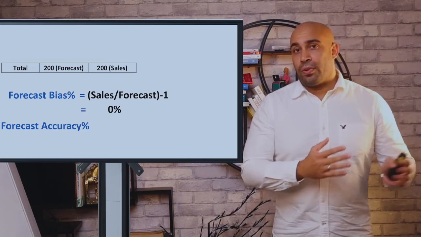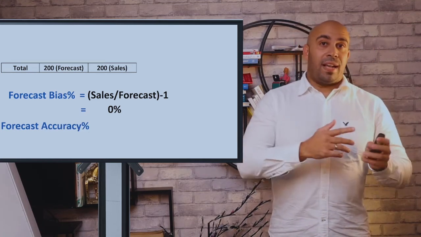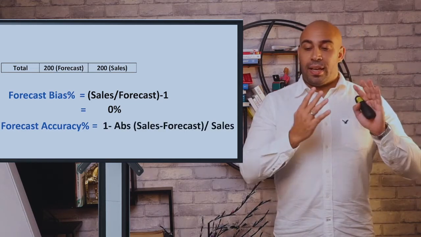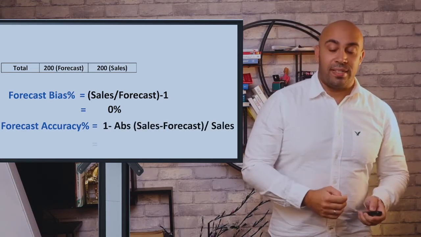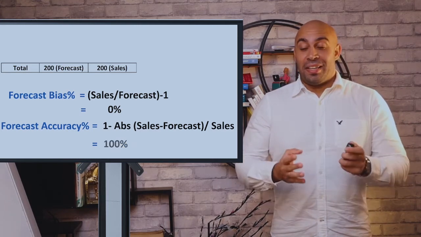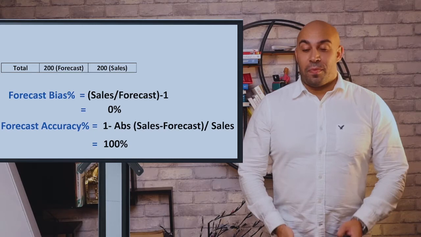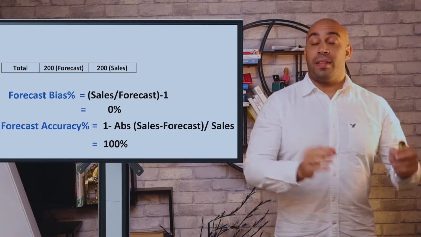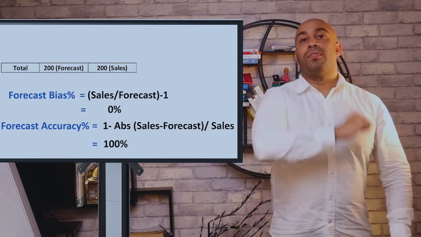Let's also calculate our forecast accuracy at this time, which is equal to 1 minus the absolute error, sales minus forecast over sales. You will see my forecast accuracy is equal to 100%, because again, whatever I sold is equal to my forecast. But hold on for a moment.